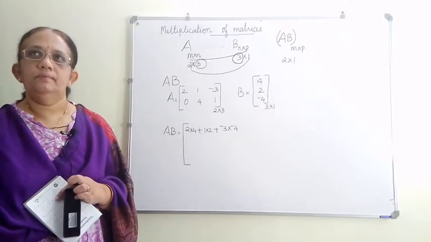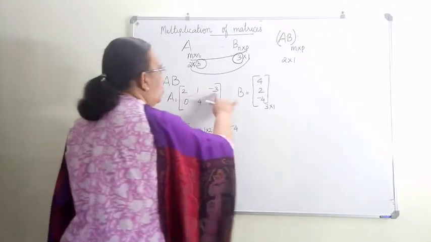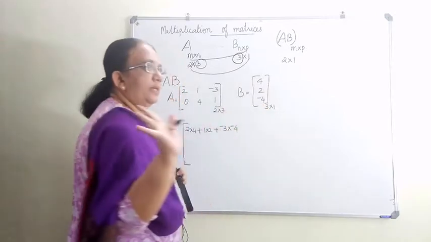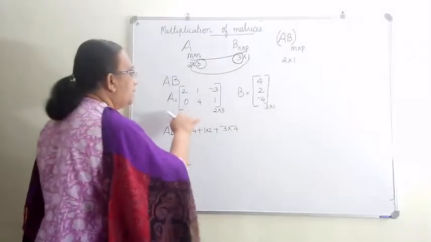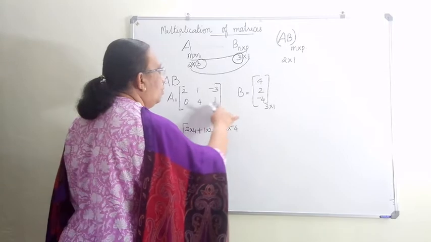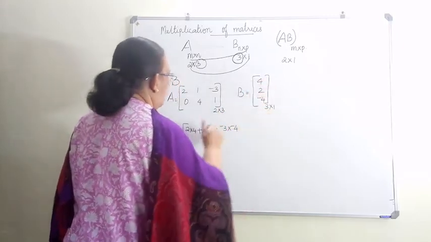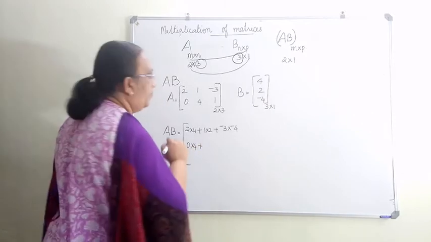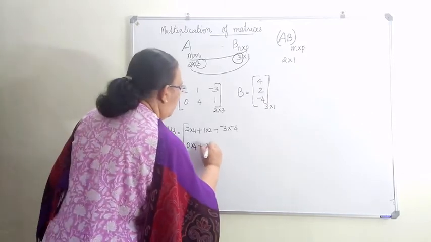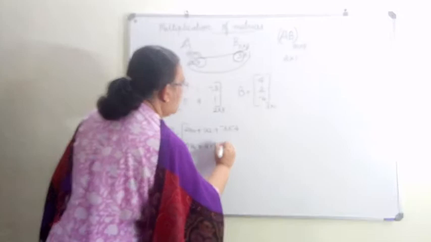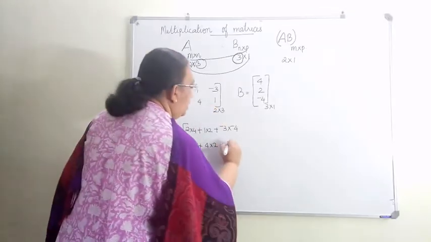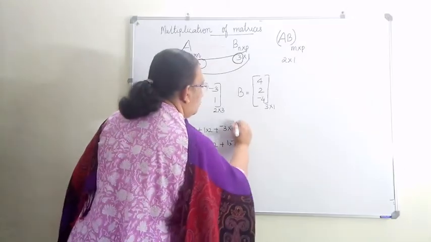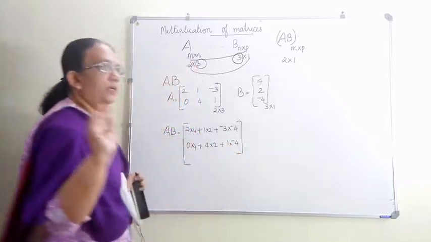It's done. Next comes the second row into the first column: 0 into 4 plus 4 into 2 plus 1 into minus 4. Done.